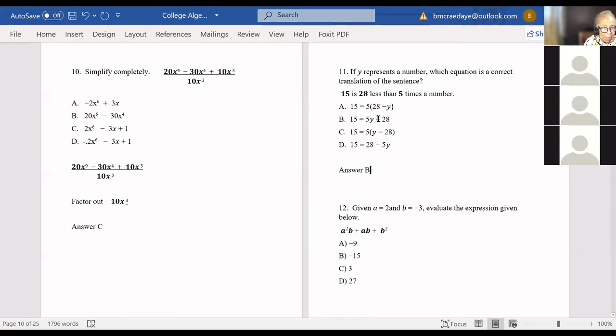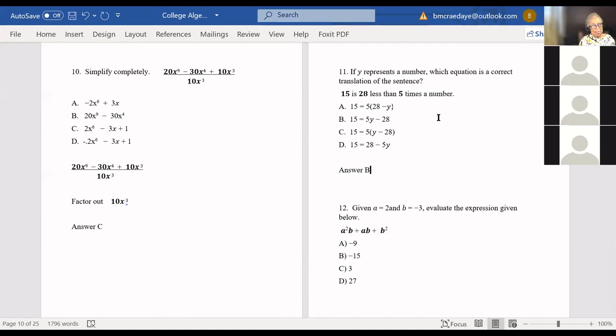Because 5 times a number is 5y, and 28 less is subtracting 28 from it. And that means equal 15. Yeah, less than means subtract. That's the term I was trying to remember.